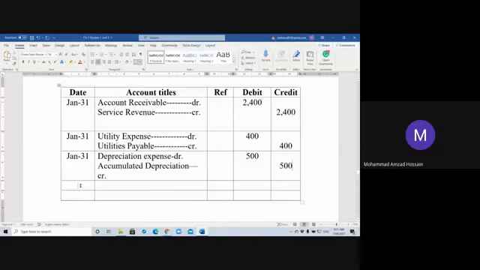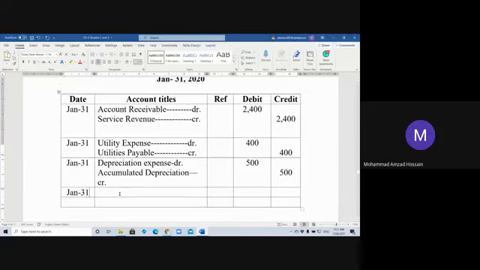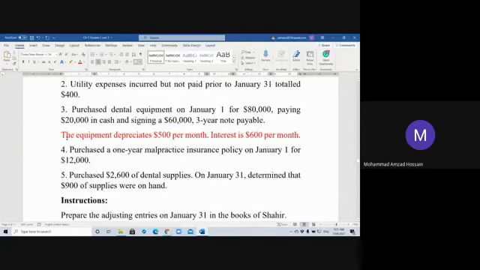Another, I have to give another adjusting entry. For the same date, because of the interest. Interest is $600 per month. So what will be the adjusting entry for this?